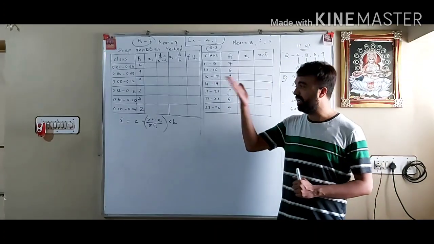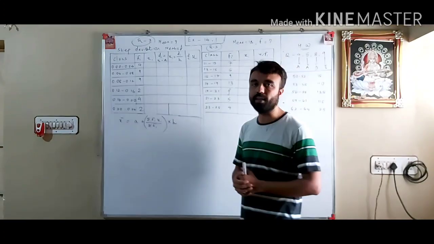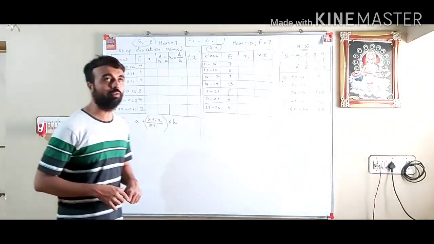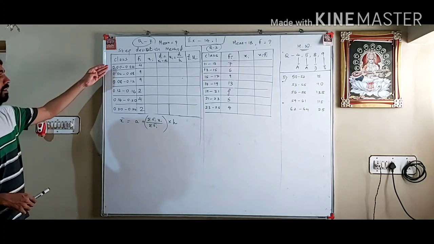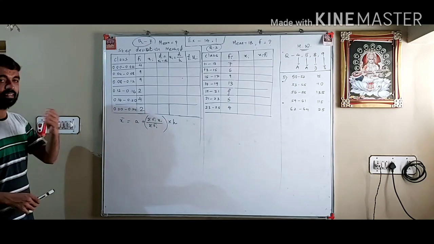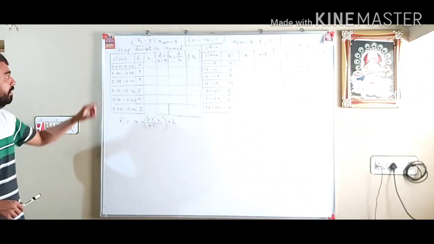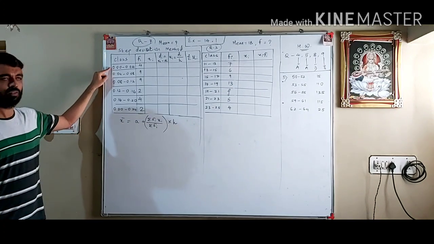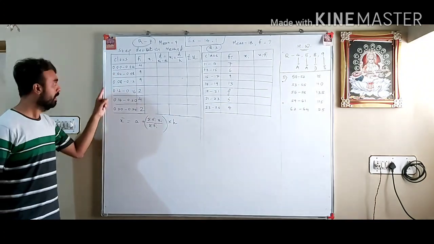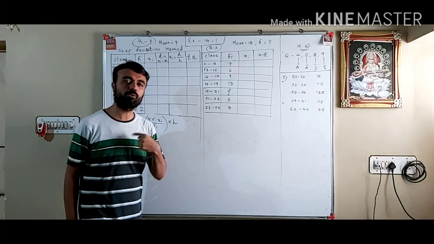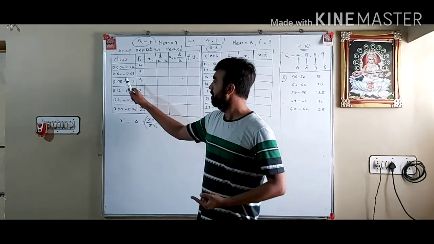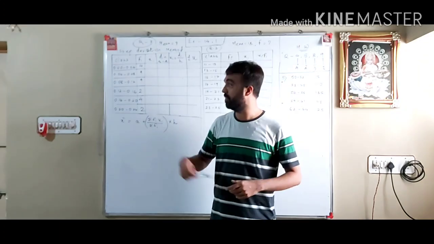If you read that 7th question of exercise 14.1, you will find this type of data. There are 6 classes given in question number 7. First class is from 0 to 0.04. Second is from 0.04 to 0.08.